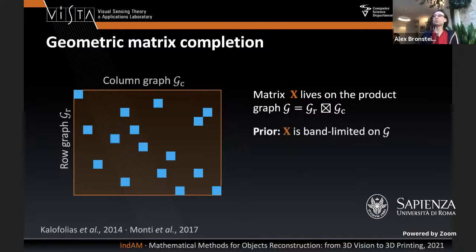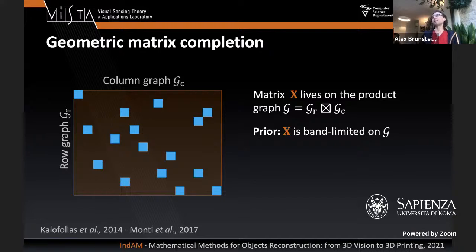Okay, and I would like to use this to introduce a prior on the matrix. And our prior will be that X is band limited on the product graph G. Band limited means in the signal processing jargon that the Fourier transform of the matrix on the graph has energy that is concentrated in the low frequencies.